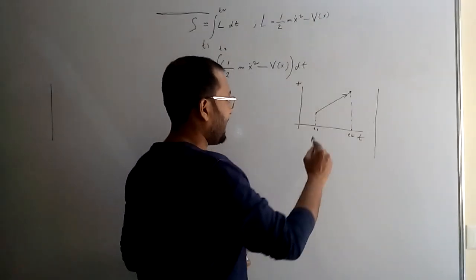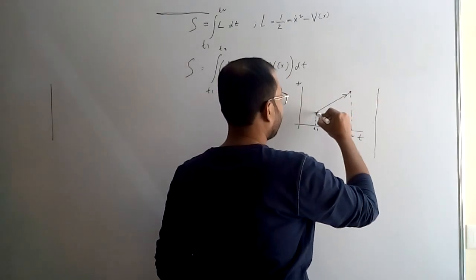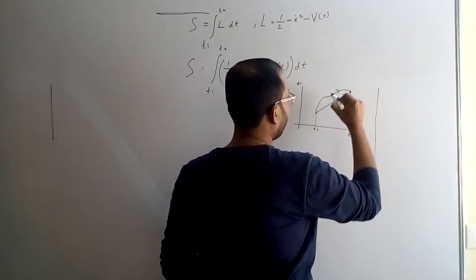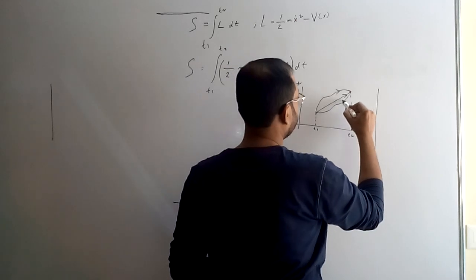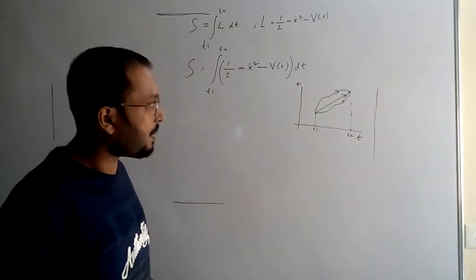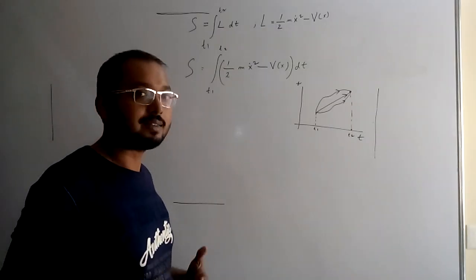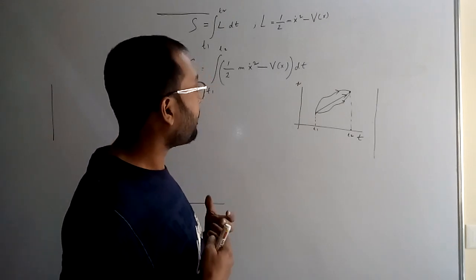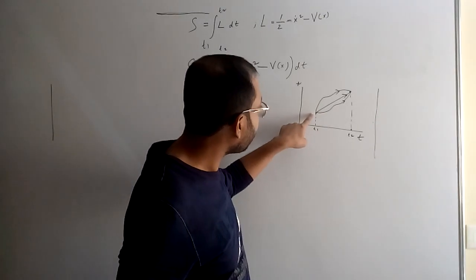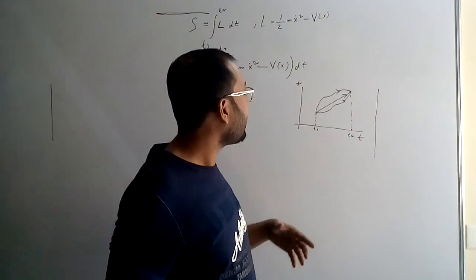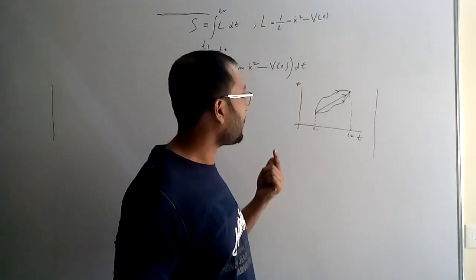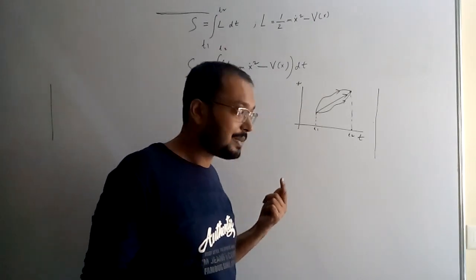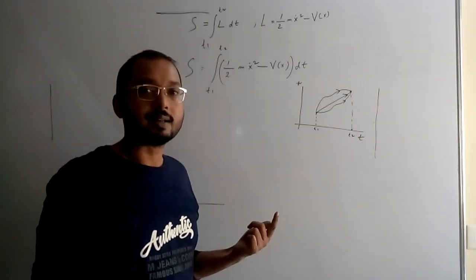Now, it may not be this path. The correct path can be this, or it can be this. I don't know what the correct path is, but I'm assuming that there is a correct path. What are the total number of paths that the particle can take in going from this point to this point? Well, there are infinitely many paths, but only one of those paths will be the actual path followed by the particle.